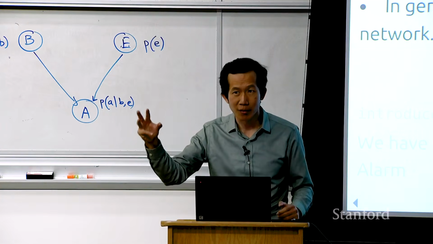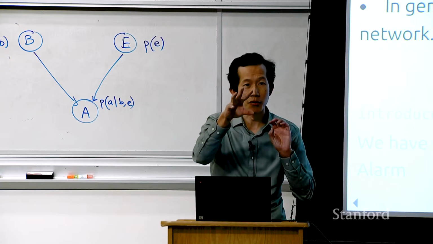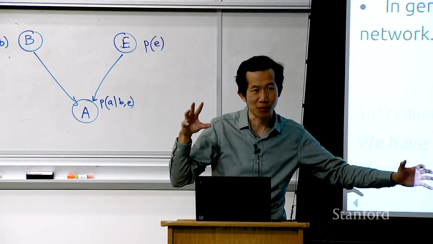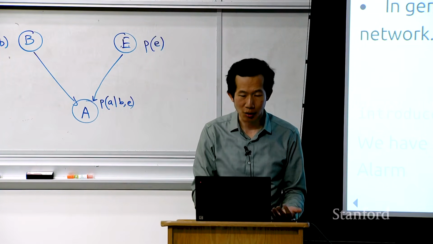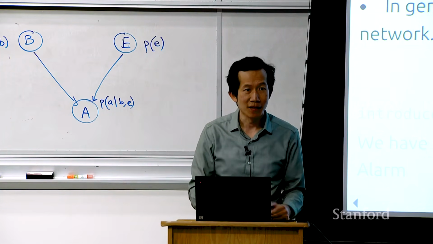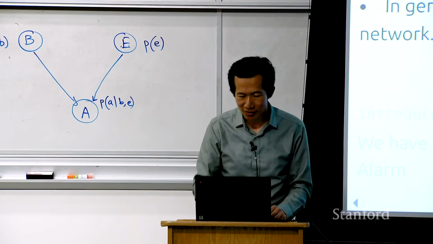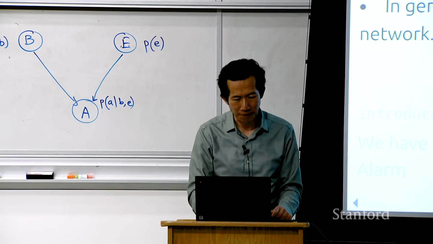If you observe one node, that suggests the values of other nodes, but then the other values will also propagate. So it can be rather complicated, and in general, computing these quantities can be NP hard. So it's actually a pretty sophisticated operation.